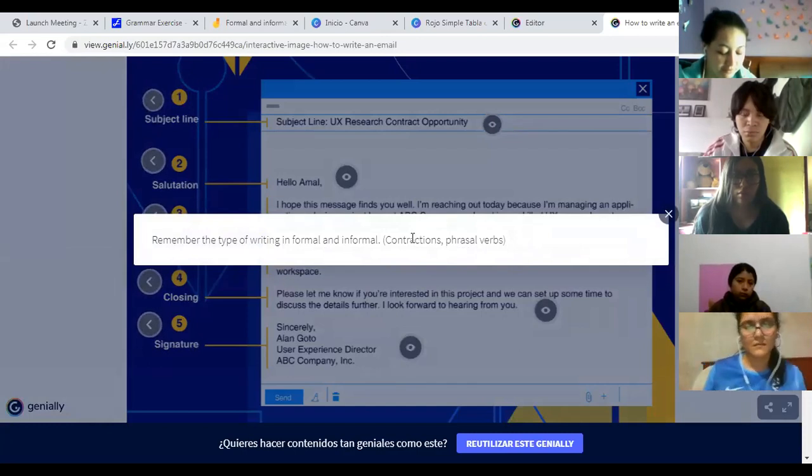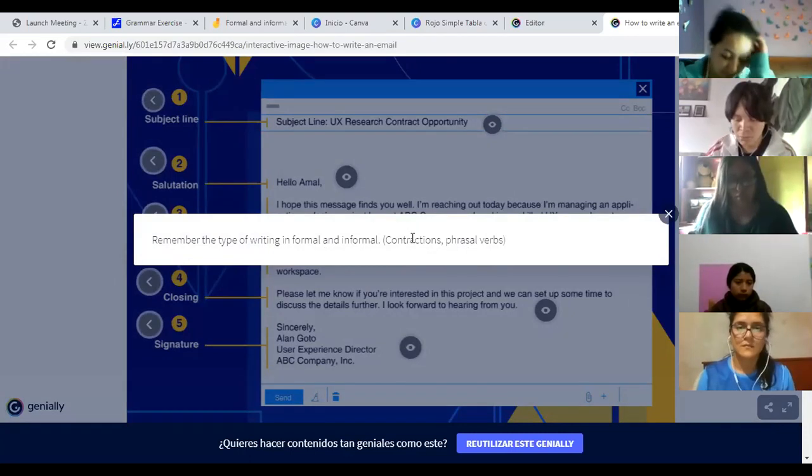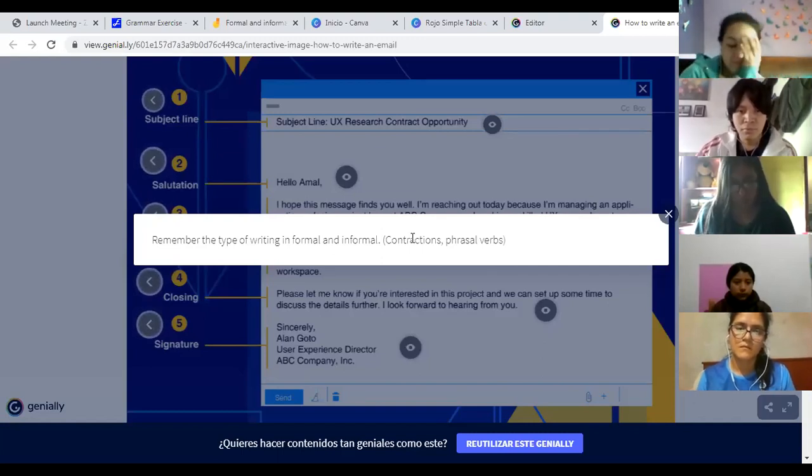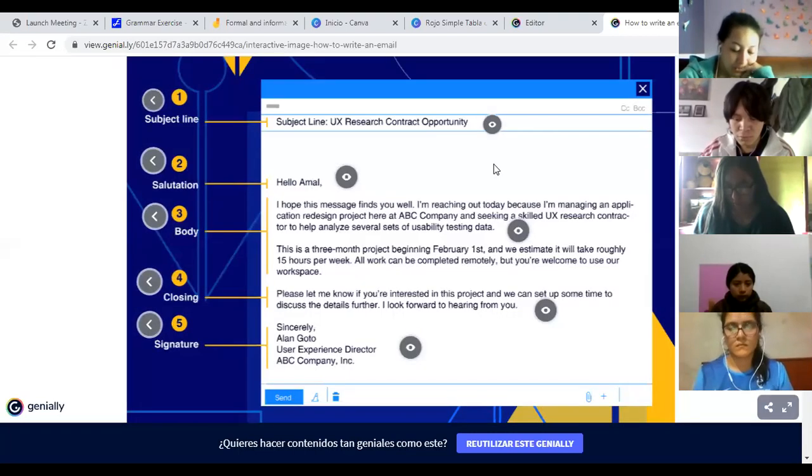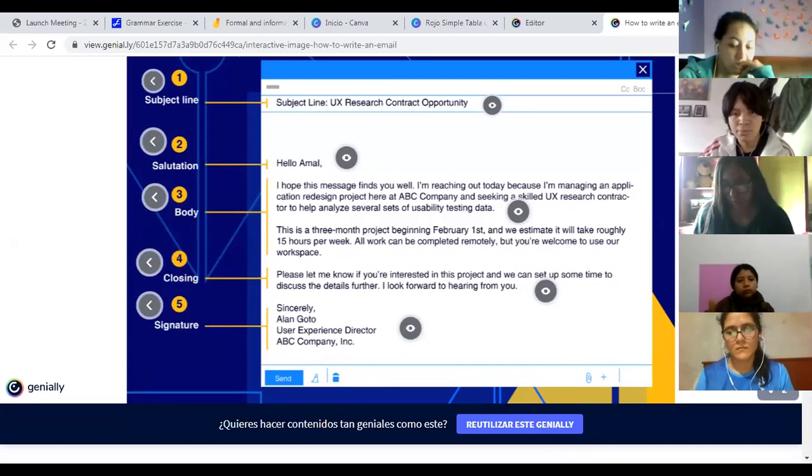Remember the type of writing that I told you before: no contractions, and phrasal verbs are not necessary in formal. In informal, not necessarily, but you can use them, okay? You can use them.